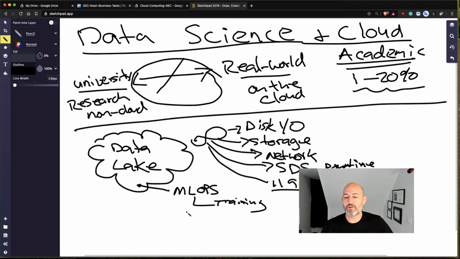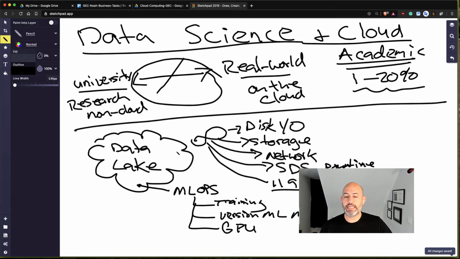You can also version your ML models. You can also provision GPUs. There are all these capabilities because you don't have to move the data, right? So this is a key component of a data lake: the movement of data.